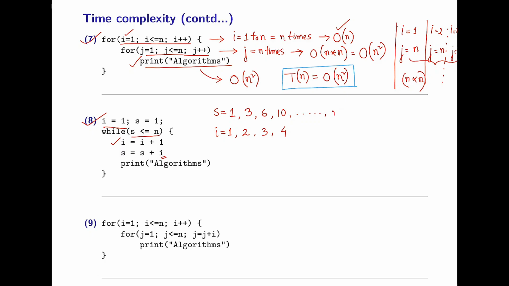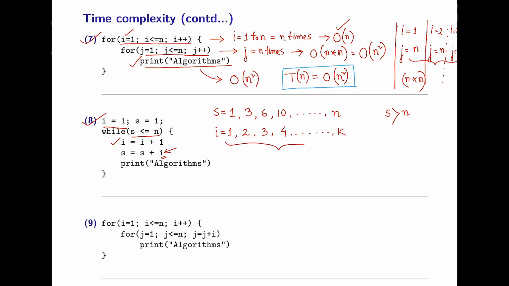Now, how many times i is executing we do not know here. Let's say k times. Why? Because it is not linear, you see. s is 1, then 3, then 6, then 10. So here we are not observing anything that we can directly say, okay. But one thing we know: what is the stopping criteria? Stopping criteria is s greater than n, okay. Now the increment of s is dependent on i, here you see.